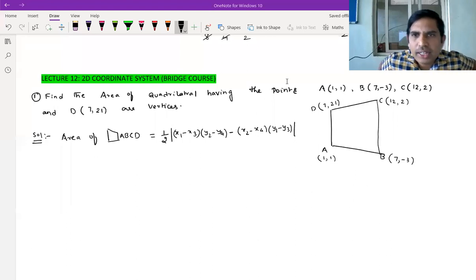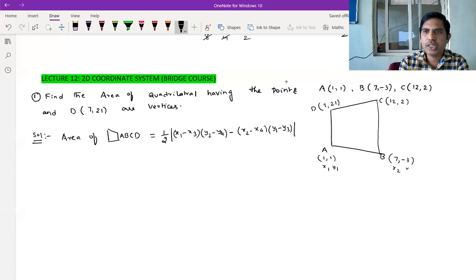The area of a quadrilateral when the vertices are given is half modulus of (x1 minus x3) into (y2 minus y4) minus (x2 minus x4) into (y1 minus y3). The points are x1 y1, x2 y2, x3 y3, and x4 y4.